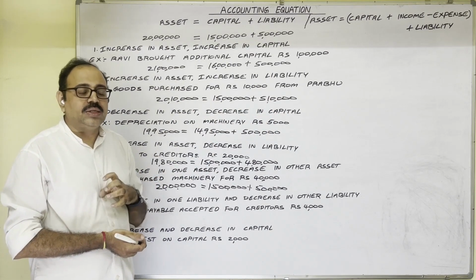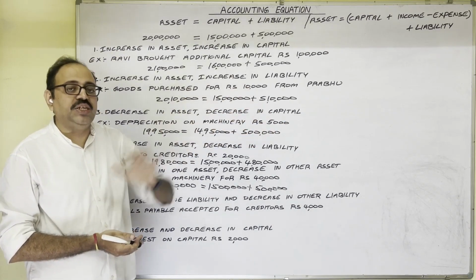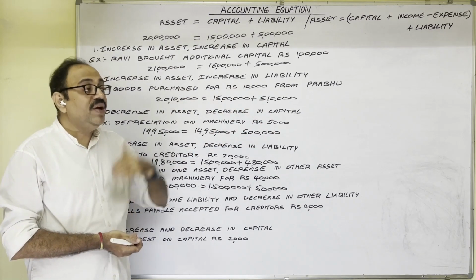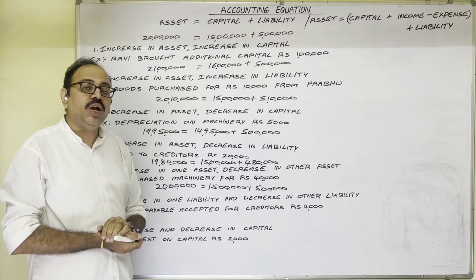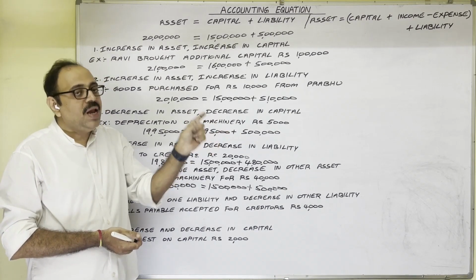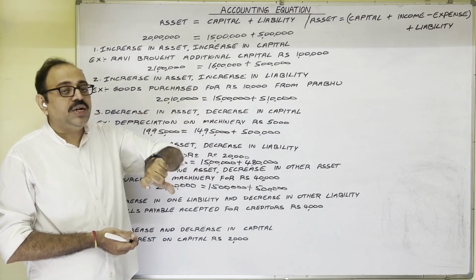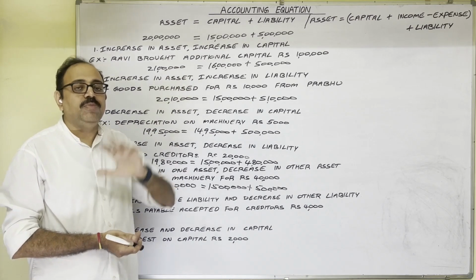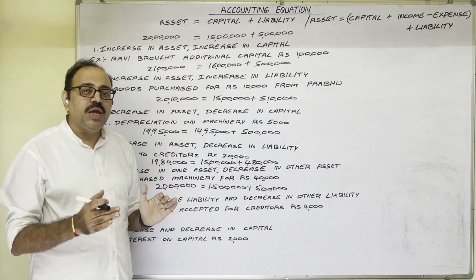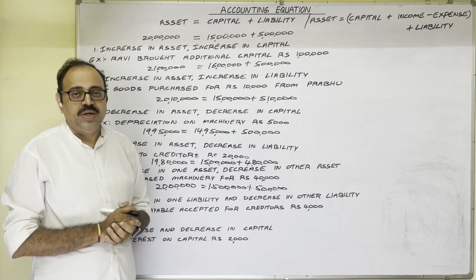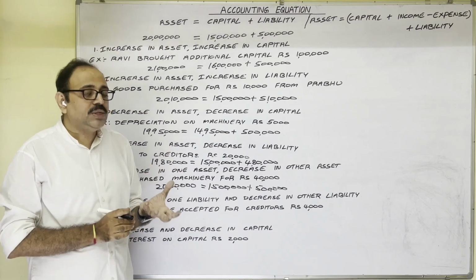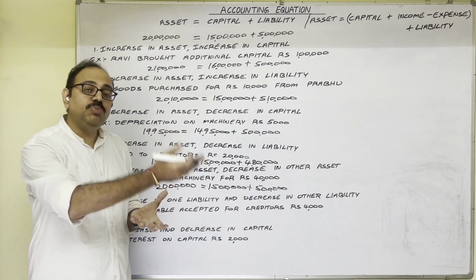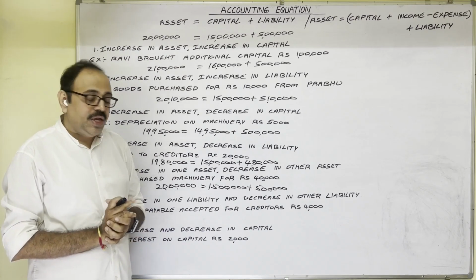So on us, they prepared bills of exchange and we gave acceptance to them. So what happened here? Creditor liability is converted into bills payable liability. Bills payable is a liability to the firm because in future on this bills of exchange, the firm has to pay the money.